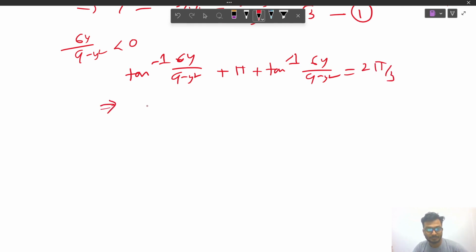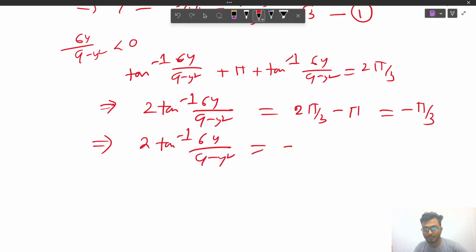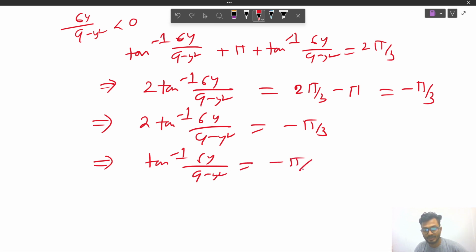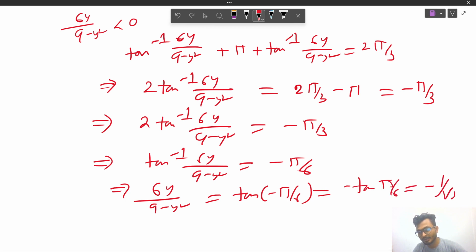So 2 tan inverse of 6y upon 9 minus y square equals 2 pi by 3 minus pi, which is minus pi by 3. So tan inverse of 6y by 9 minus y square equals minus pi by 6, implies 6y by 9 minus y square equals tan of minus pi by 6, which is minus 1 by root 3.